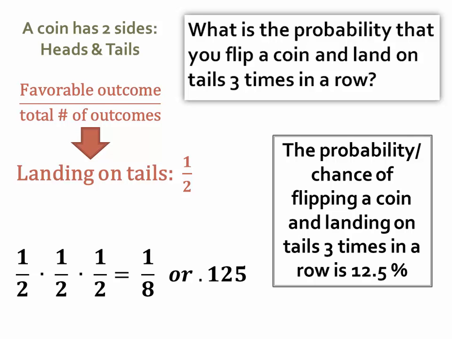That doesn't make sense otherwise, right? The more things you add happening at the same time, the smaller the probability is than if it was this or this.